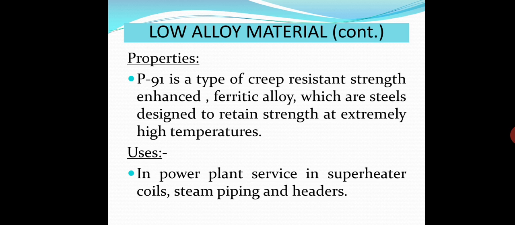Because of this property, it is used in thermal power plants, because in thermal power plants we have to handle very high temperature, particularly in superheater coils, steam piping and headers.